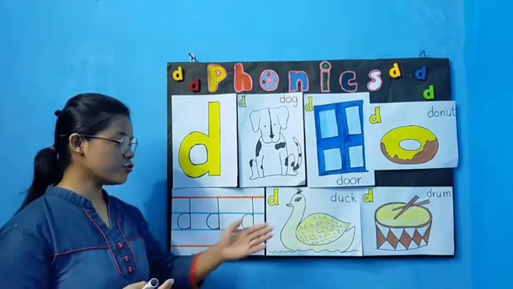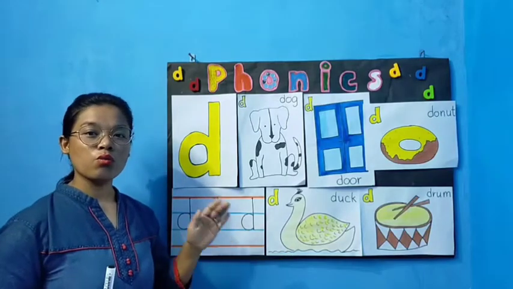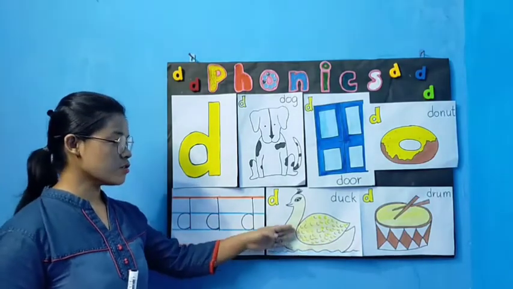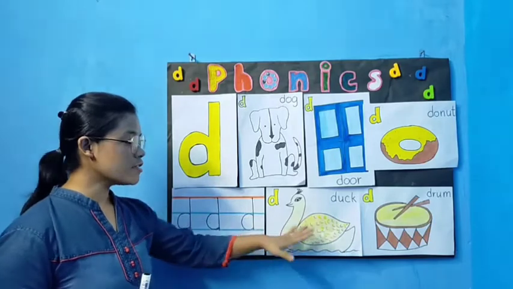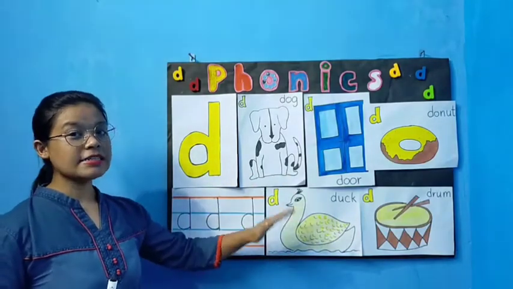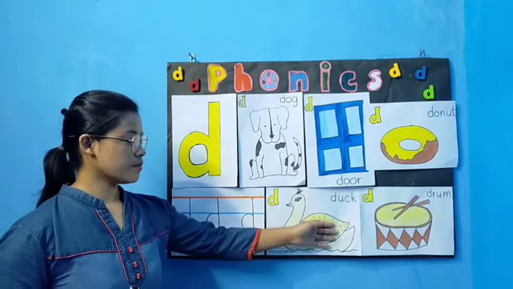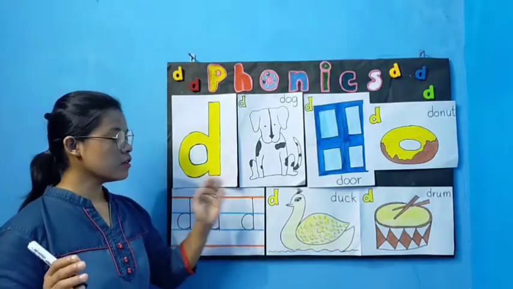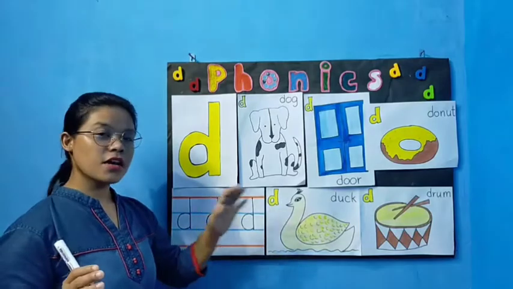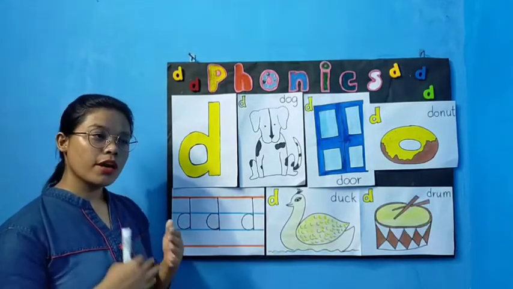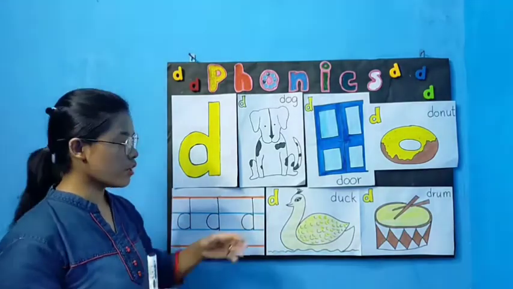Yes, they like to be in the water, okay. So mostly the ducks are white in color, okay, but some of the ducks are yellow also and in different colors also, okay.